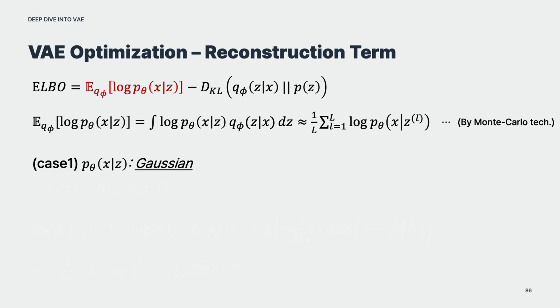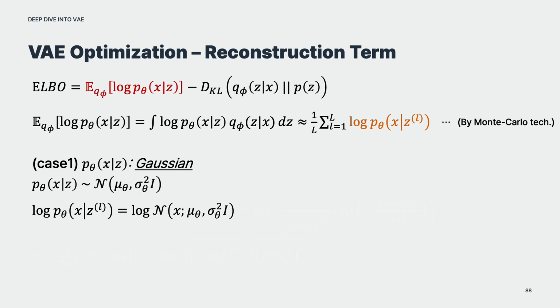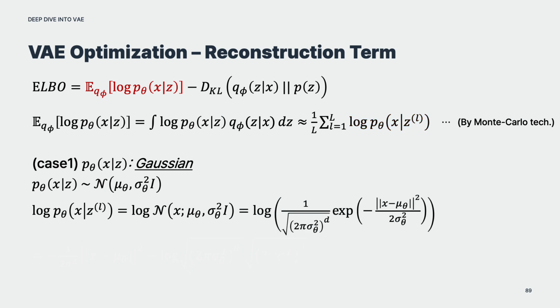Now let's break down the expression. Suppose we further assume that p theta of x given z follows a Gaussian distribution. Then the log term becomes the log probability density of a sample drawn from a normal Gaussian distribution. Using the formula for a normal Gaussian distribution, this expression can be rewritten as follows.